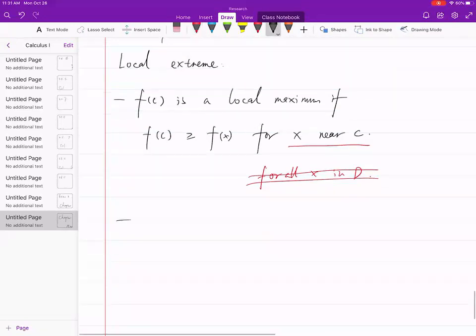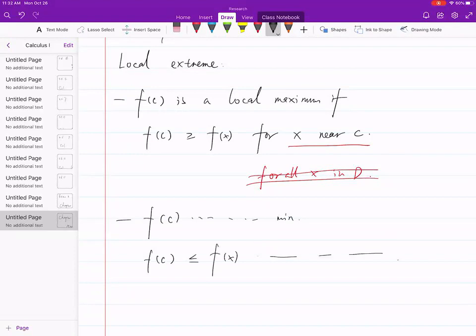Similarly, F(c) is a local minimum if F(c) is less or equal than F(x) for x near c. Same idea. Local maximum looks like this. Local minimum looks like this. The definition is very easy.